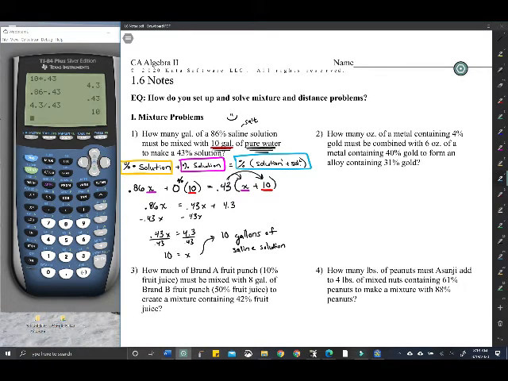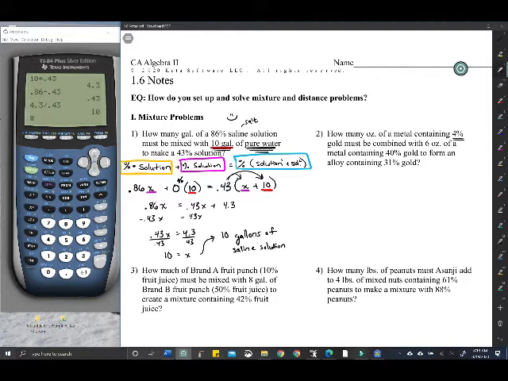Alrighty, so let's use that same idea for gold. How many ounces of a metal containing 4% gold must be combined with 6 ounces of a metal containing 40% gold? Now be careful with percentages again. 4% gold, so ounces of metal containing 4% gold.